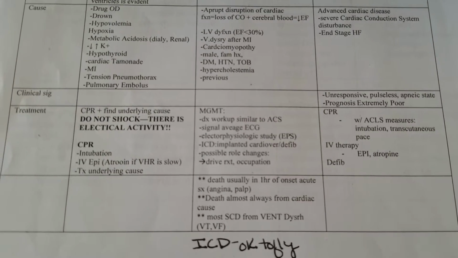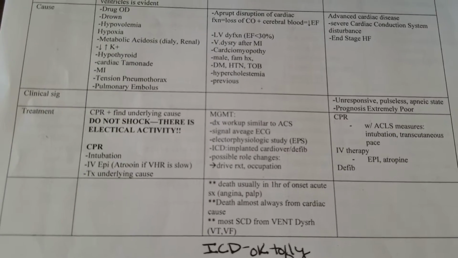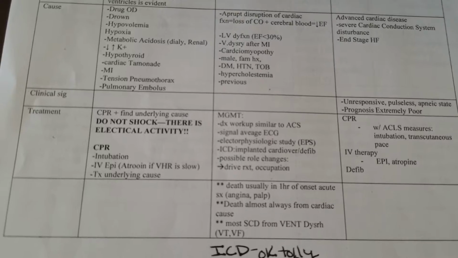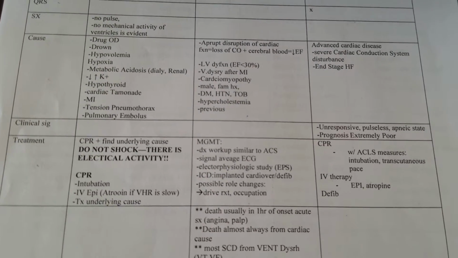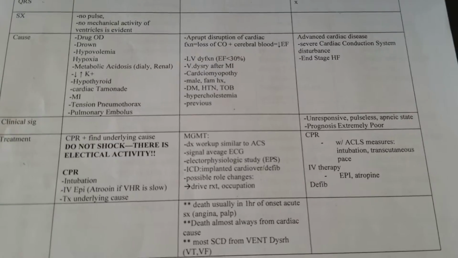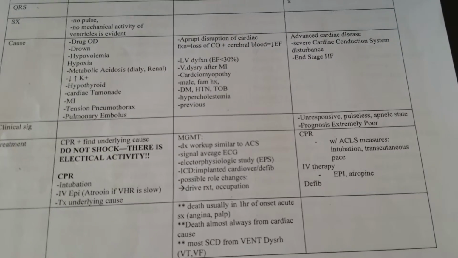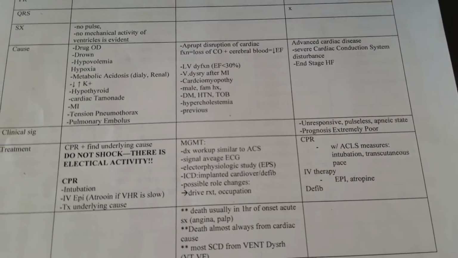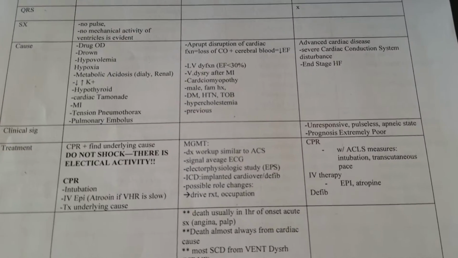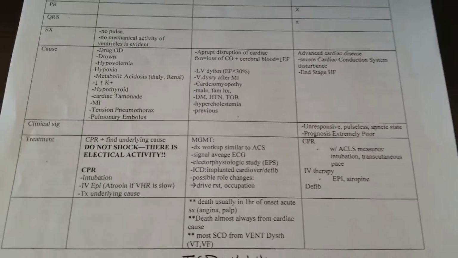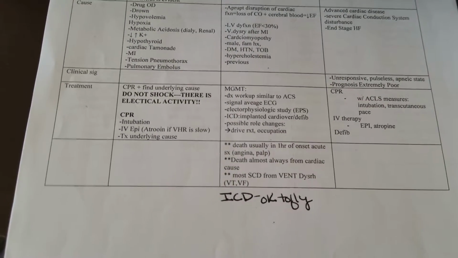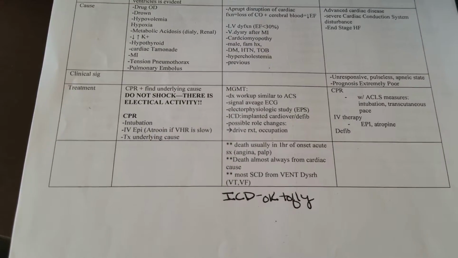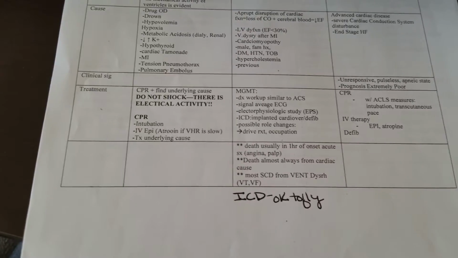Management, you need a diagnostic workup similar to coronary or ACS. Signal averaged EKG, you need to do EPS, or you will do an ICD, so implant the cardiac defibrillator, possible role changes and driving restrictions, possible changing your occupation.